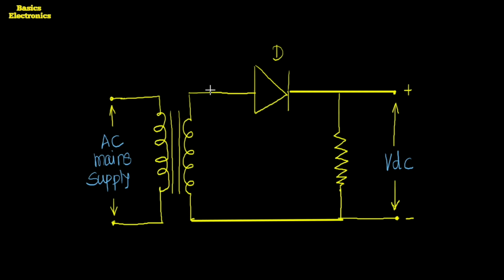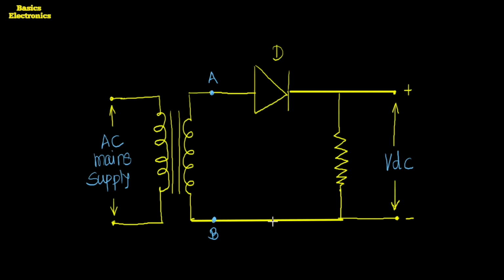We consider the two terminals of the secondary of the transformer: the upper terminal is A and the lower terminal is B. The polarities of the upper terminal A and the lower terminal B depend on the half cycle available at the secondary of the transformer.